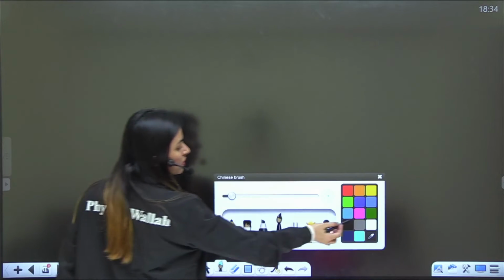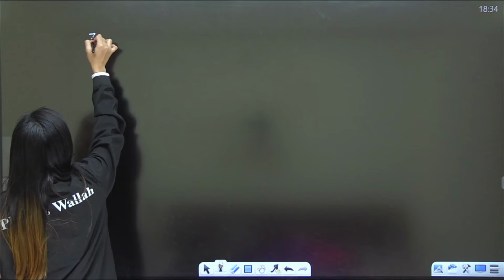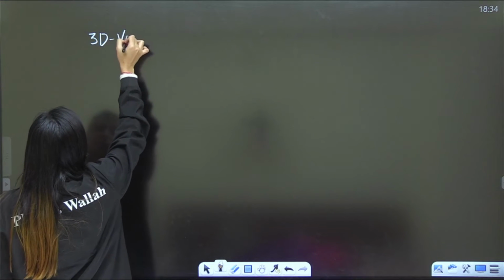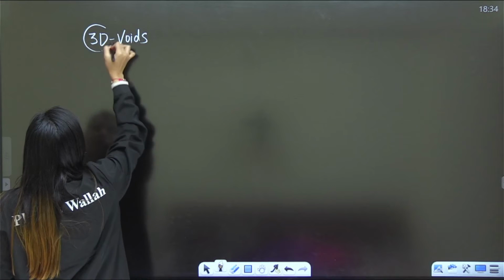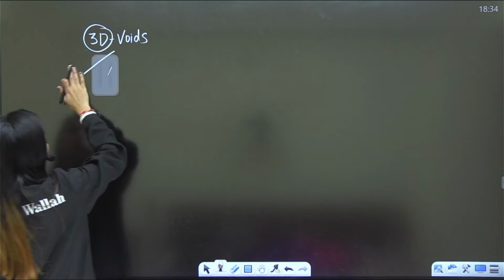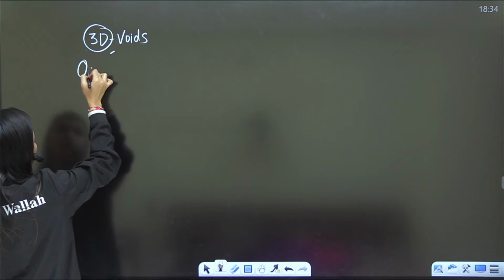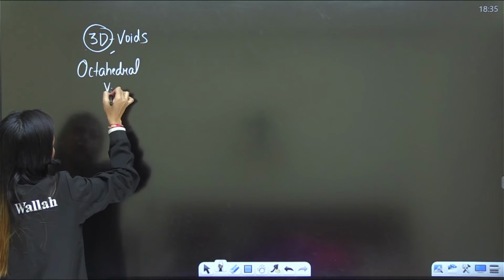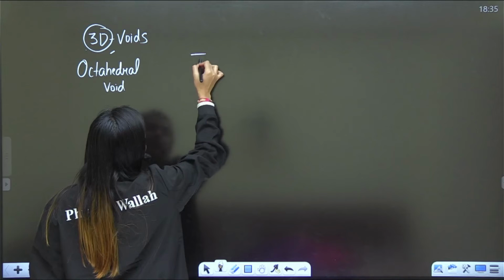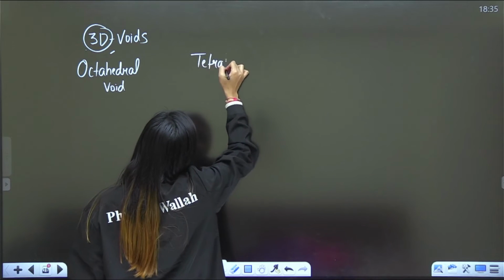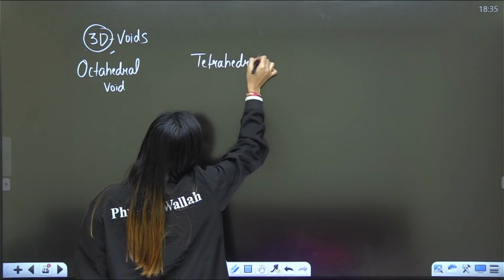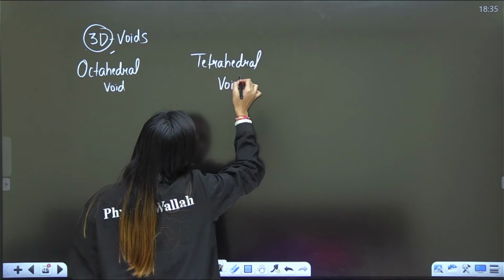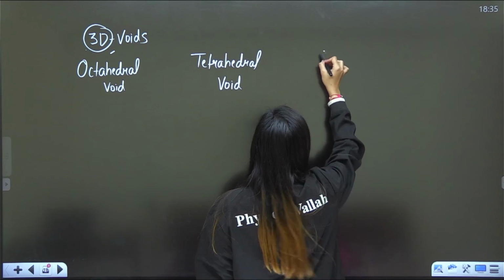Now, my dear students, we'll be discussing about 3-dimensional voids. Okay. In 3D, we'll be discussing about voids. One was your octahedral void. The other is your tetrahedral void. And then it is your cubical void. Okay.